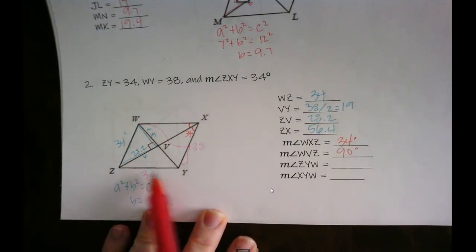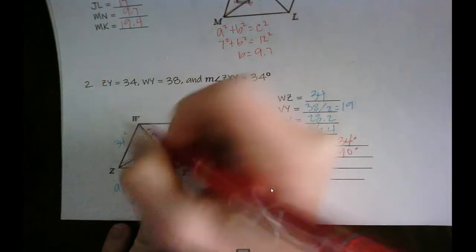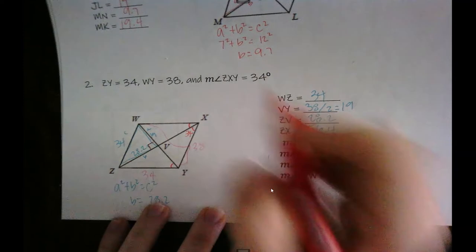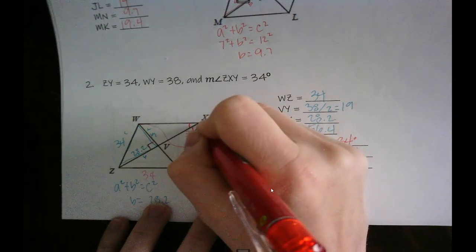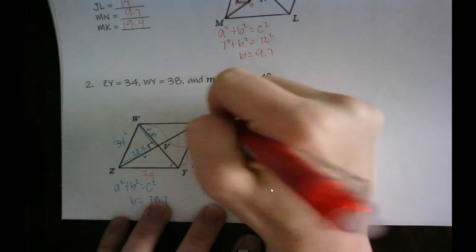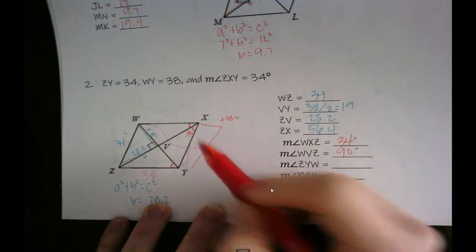What is ZYW? We want to know what that is. So we know from our parallelogram that this total X angle and total Y angle are going to add up to 180, right?